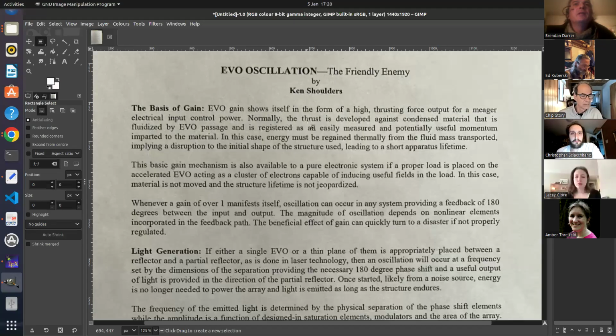Normally, the thrust is developed against condensed material that is fluidized by the EVO passage and is registered as an easily measured and potentially useful momentum imparted to the material. In this case, energy must be regained thermally from the fluid mass transported, implying a disruption to the initial shape of the structure used, leading to a short apparatus lifetime.